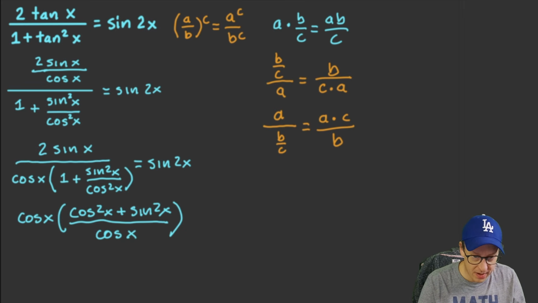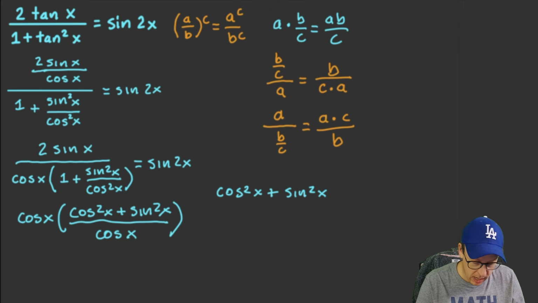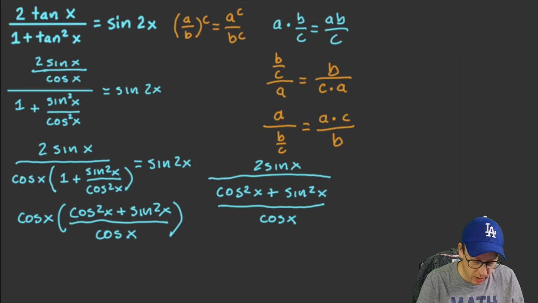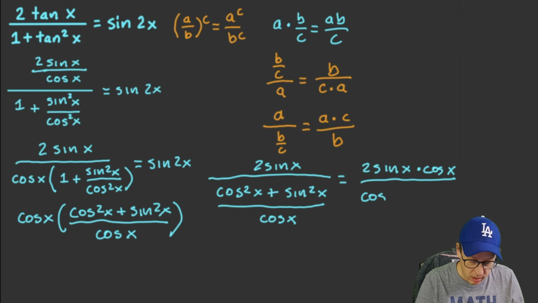So this then is going to end up being cosine squared x plus sine squared x over cosine x, all under 2 sine of x, which is going to be equal to 2 sine of x times cosine of x over cosine squared x plus sine squared x.